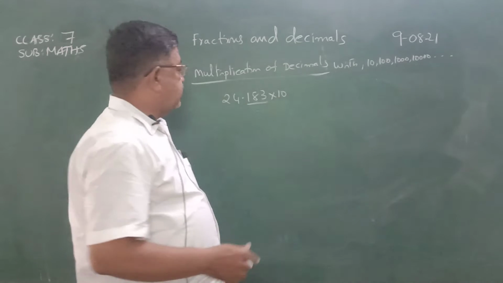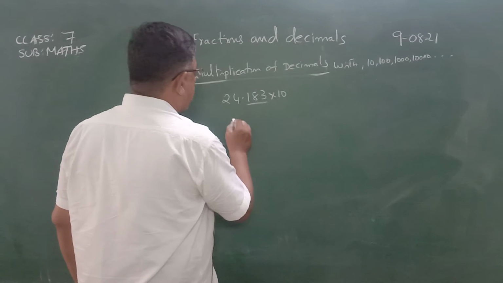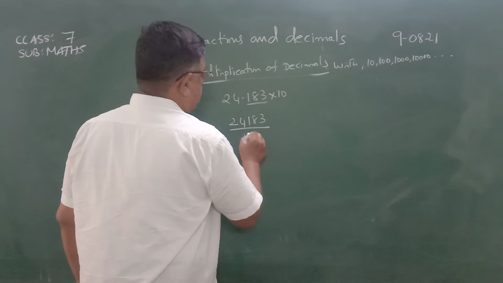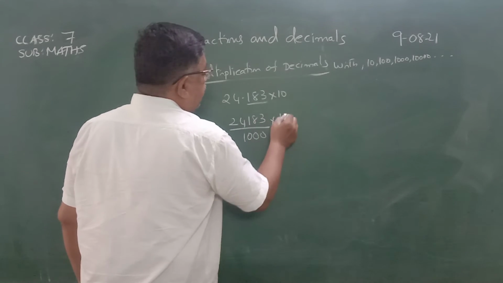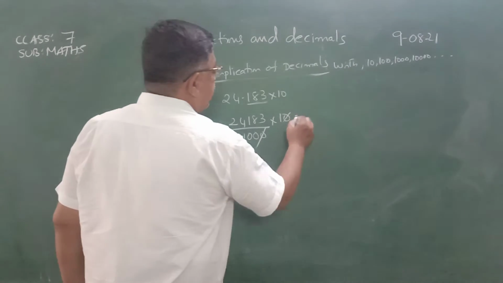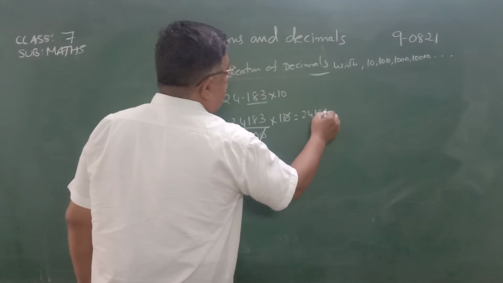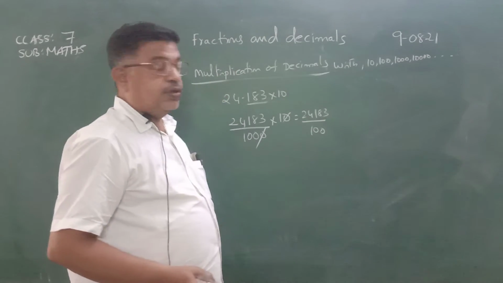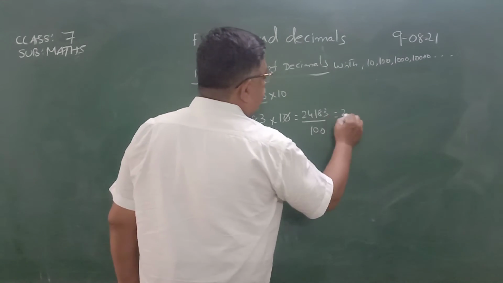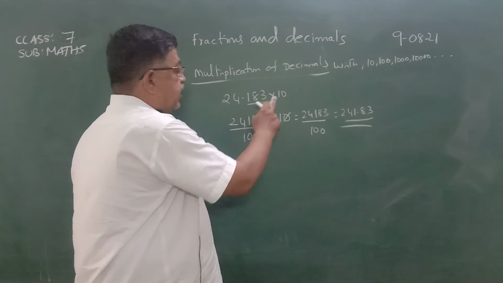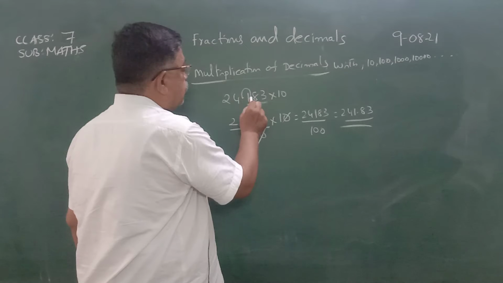There are 3 places after the decimal. So you can write this number as 24,183 by 1000, into 10. Now the 10s get cancelled. Now you are dividing 24,183 by 100. Now you have to keep the decimal after 2 places. So 241.83.